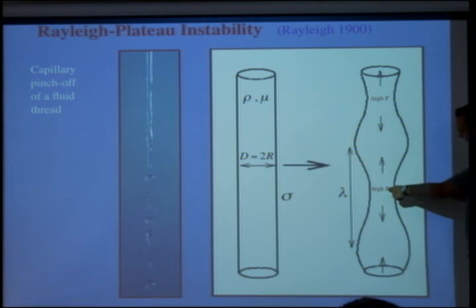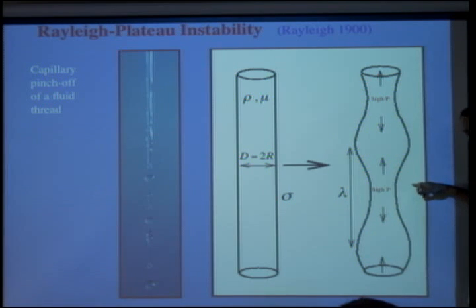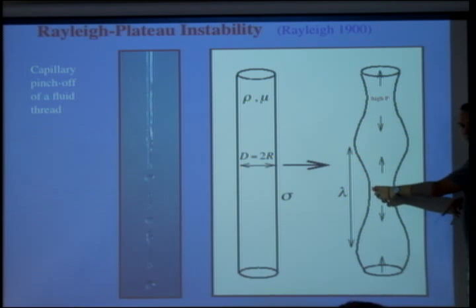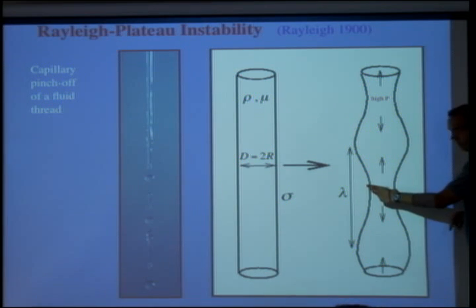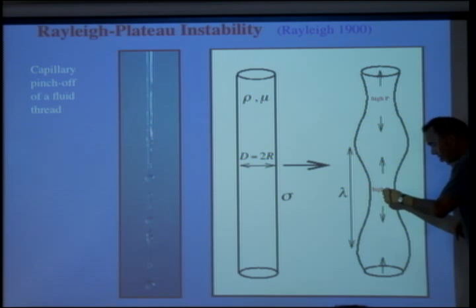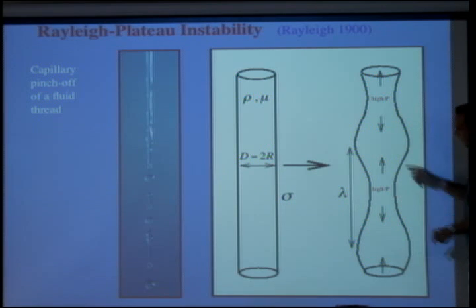Again, you always have atmospheric pressure outside, and then you have a jump proportional to surface tension times the divergence of the normal. The pressure is always higher inside the tube than outside, and because the radius of the tube is smaller here, the curvature pressure, the Laplace pressure, is higher in the constriction than in the bulbous region.